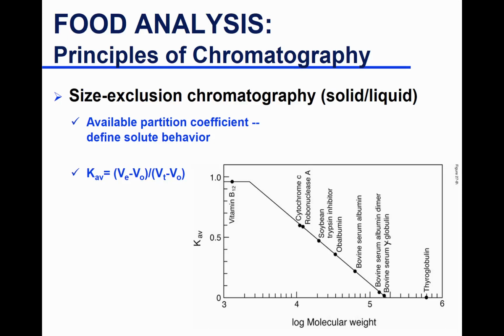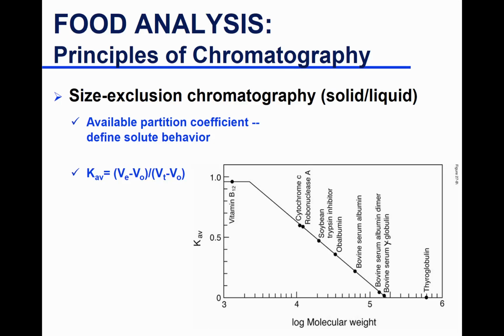So we use size exclusion chromatography often to not only separate, but to estimate the molecular weight. In order to estimate the molecular weight, we can run standards. We can run standard molecules of different molecular size and plot the log molecular weight of the different standards against a partition coefficient, which we call the available partition coefficient, KAV.